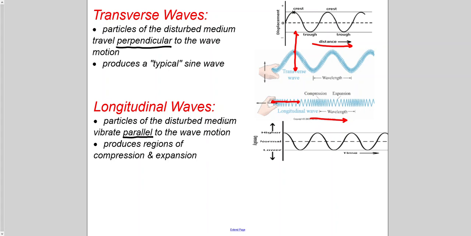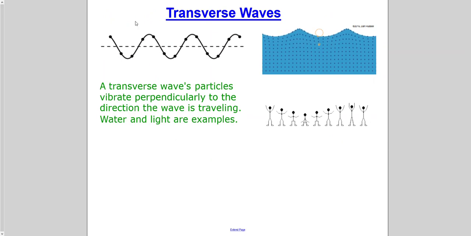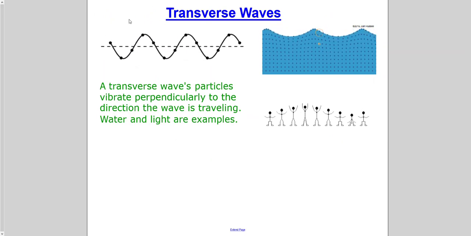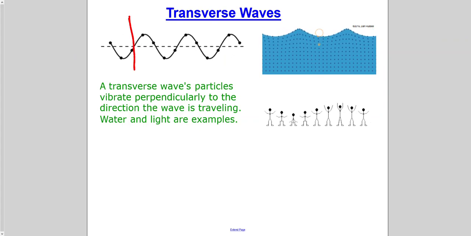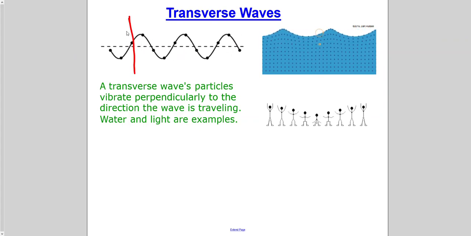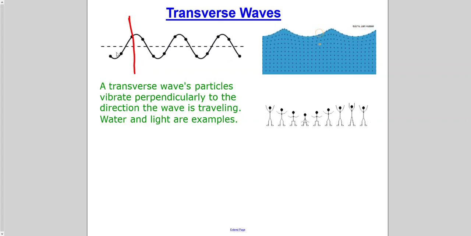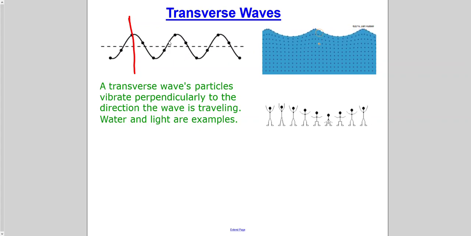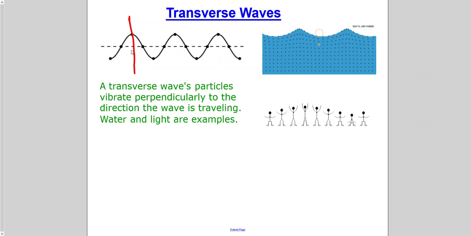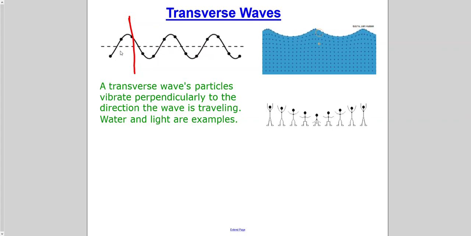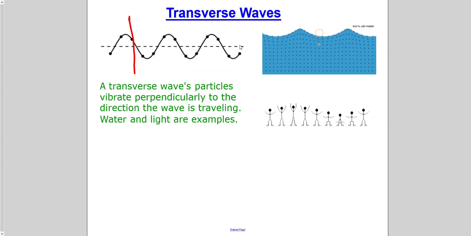Some examples of those. If you watch, these are transverse waves. If I take this particle right through here, you'll see that particle is moving up and down, up and down, up and down. Again, this is a good example of how the matter doesn't move, the energy moves through it. The energy causes this particle to vibrate up and down, but the energy is moving left to right.